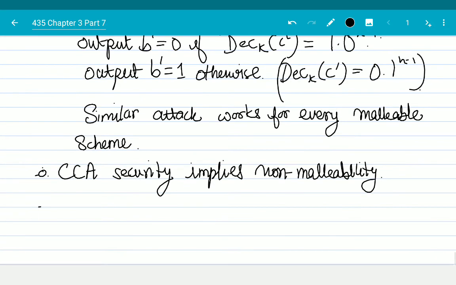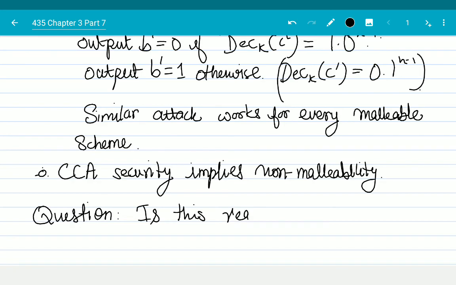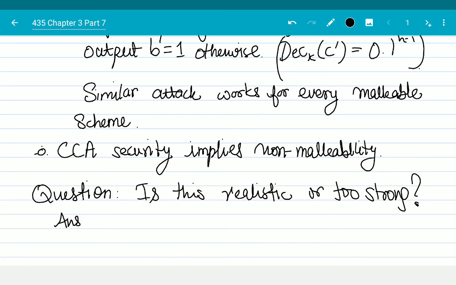Question: is this realistic or too strong? And the answer is there are real world scenarios where you can reasonably see what is happening if you send encrypted messages.